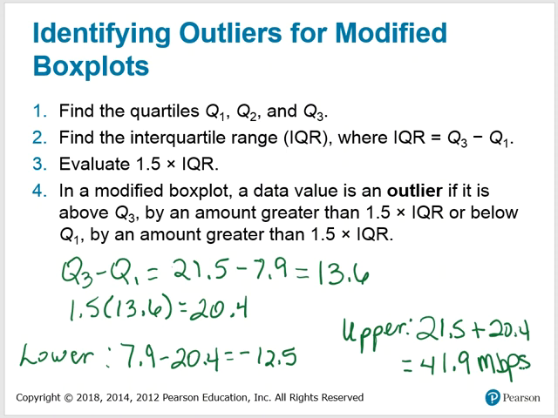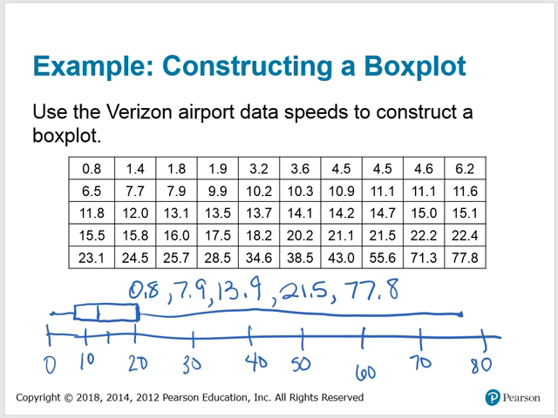We definitely had that. If we look back at our original numbers, 41.9 and above is extreme. So we actually have 4 numbers that are considered to be extreme. 43, 55.6, 71.3, and 77.8 would be considered extreme.